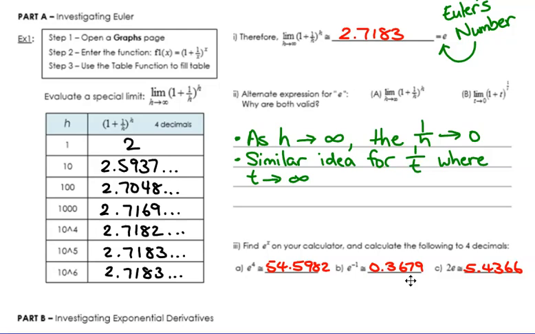Now that I've told you what Euler's number is, let's see what the derivative of Euler's number to the power of x looks like. But I think I'm going to start off small first.